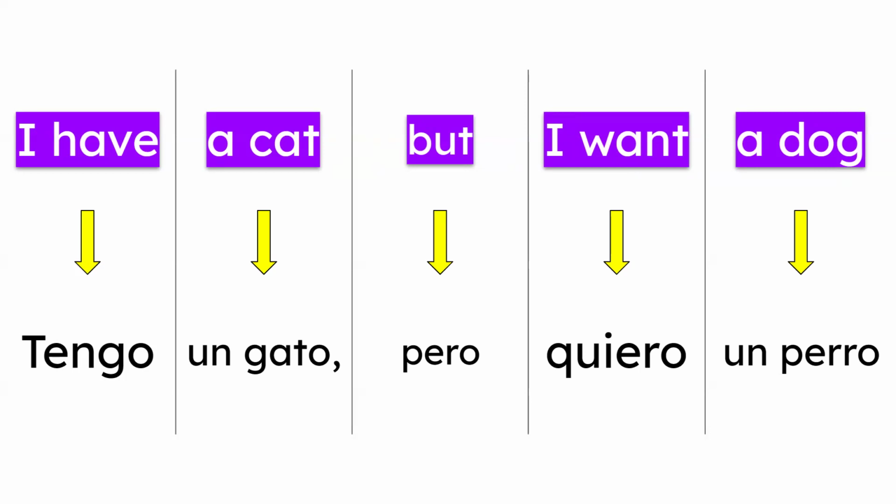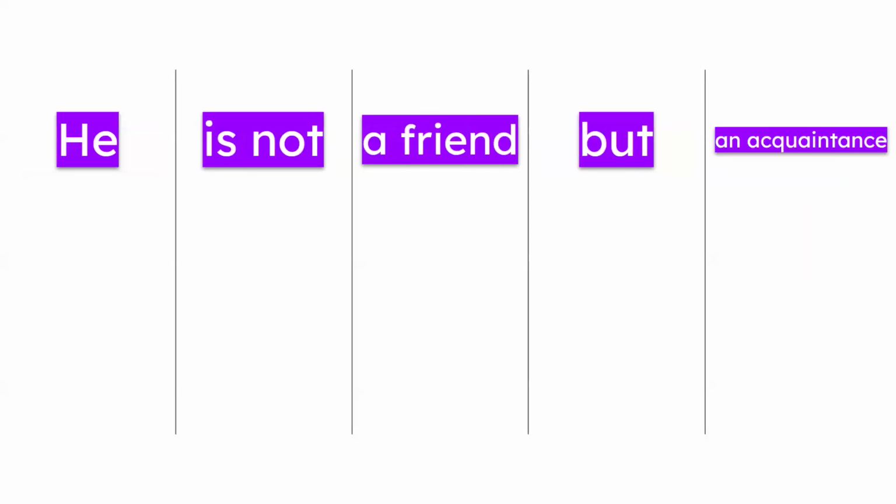Okay, next sentence. He's not a friend, but an acquaintance. In case you don't know, well, I think this word is not that easy because it's not common to use, right?